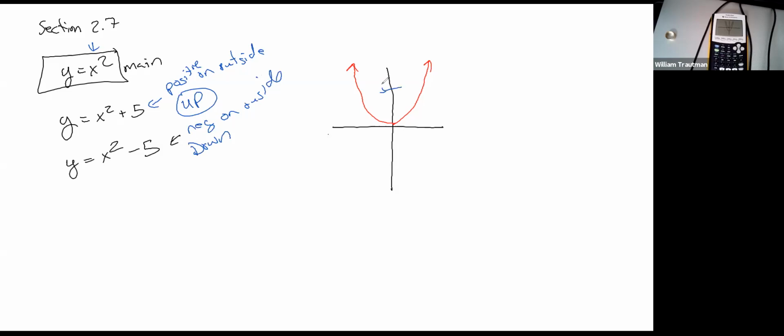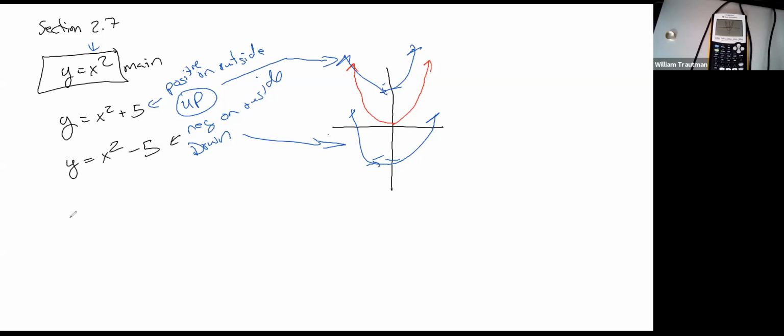So plus 5 moves the graph up, and this one, with a negative 5, moves the graph down. A minus moves the graph down. All right, I think we have to do about 6 of these transformations.